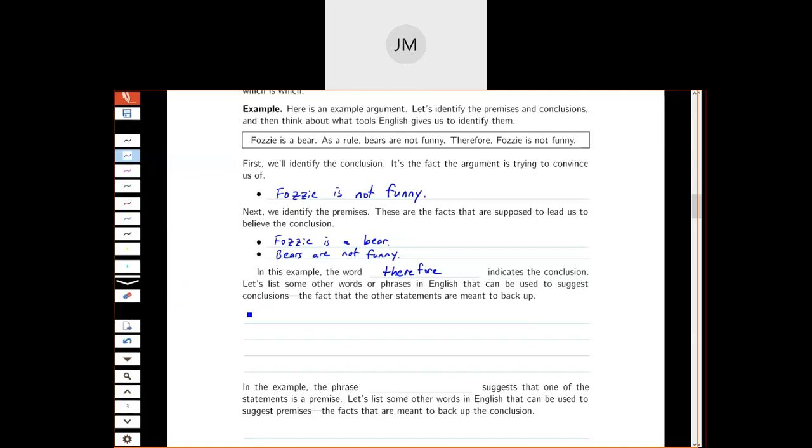As a rule is in this argument, so we're going to talk about that in a minute. Lastly might be a little bit confusing. If I say lastly, that's usually going to be in a list or something like that. And if I have a list of statements, just because something comes last doesn't necessarily mean it's the conclusion. So lastly might be a tricky one here.